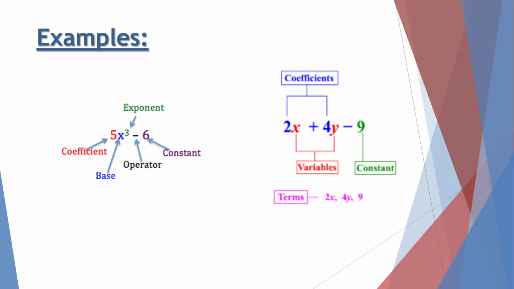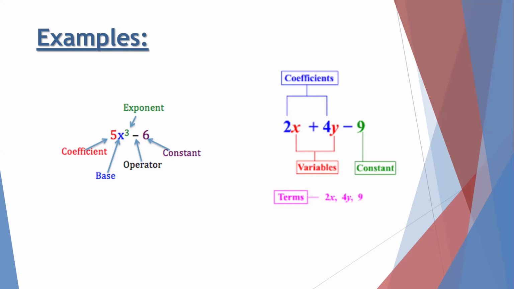Then another example is 2x plus 4y minus 9. Here 2x and 4y are attached to two different variables, one is x, one is y. Therefore, x and y are two variables. Since they are attached to the variables, 2 and 4 are coefficients.